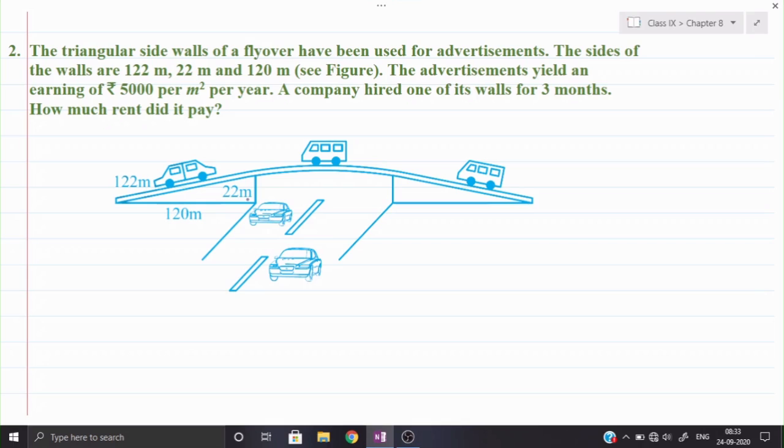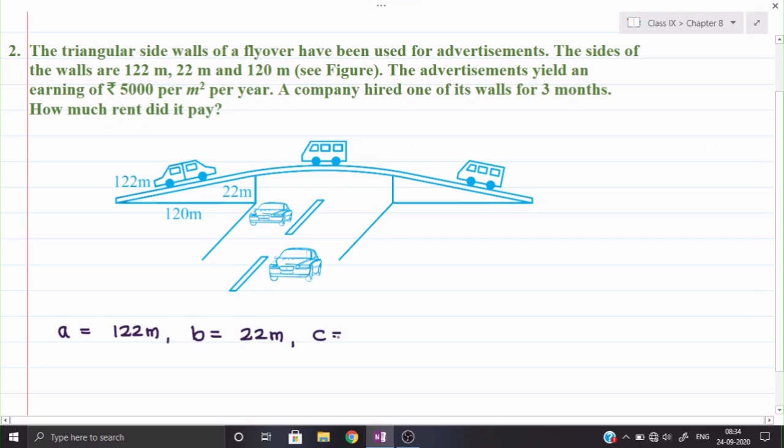Here we have given that A is equal to 122 meter, B is equal to 22 meter and C is equal to 120 meter. Now first what shall we find out here?